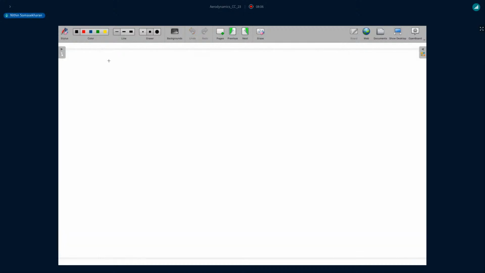So QA is nothing but half rho A into VA square, so VA is nothing but square root of 2 QA by rho A. And because we know what is QA, we know what is rho A as well.